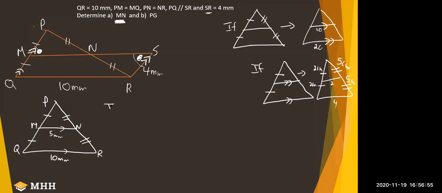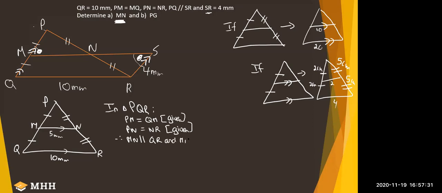Right. How would you write it? I'm going to say in triangle PQR, PM is equal to QM. Why? It's given. PN is equal to NR. That's given. Therefore, we can now say that MN will be parallel to QR and MN will be half of QR.